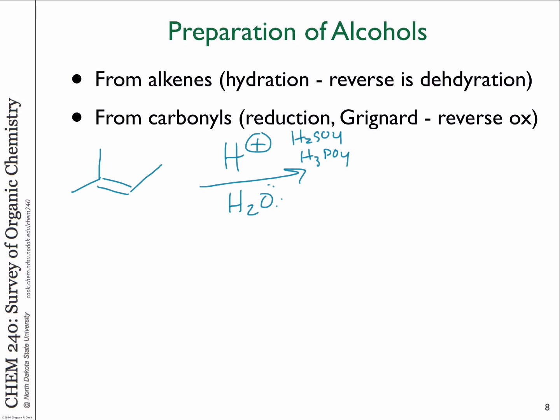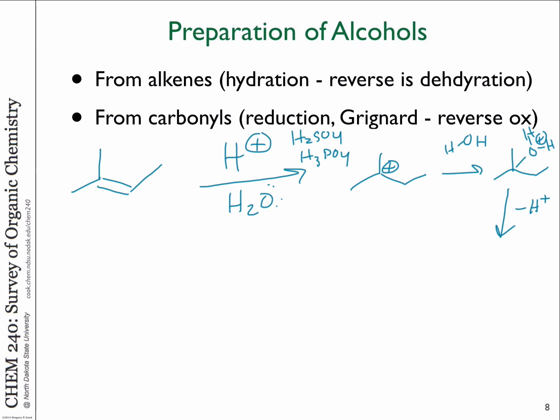But that is a way, again, to make a carbocation in which then your water is going to add instead of a halogen. And eventually that extra proton comes back off the water. Okay, so water will add, and then that will lose that hydrogen.